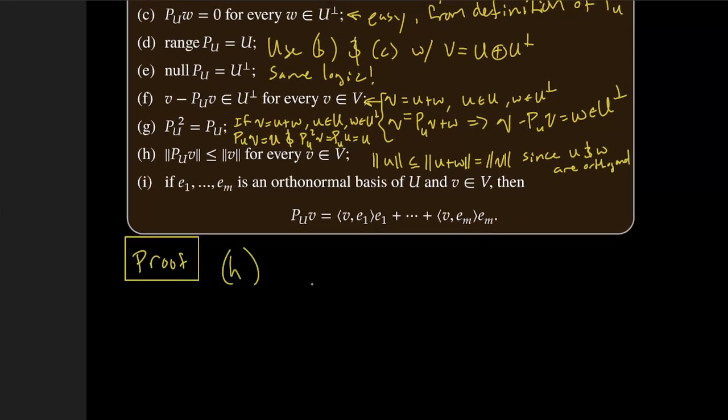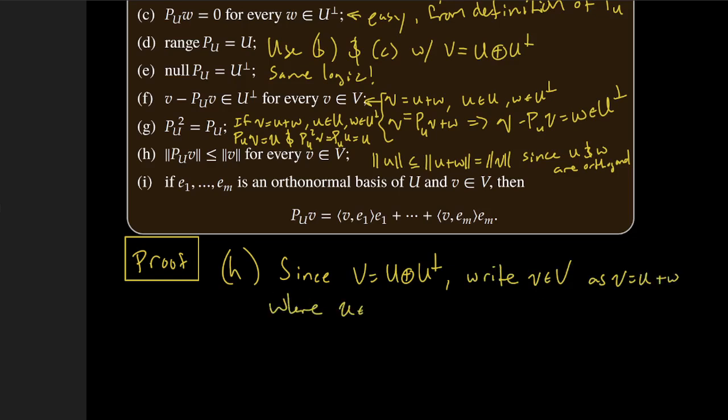So for part H, here's the idea. Since V is equal to a direct sum of U and U perp, all we have to do is write v in V as v equals u plus w, where u is in U and w is in U perp.